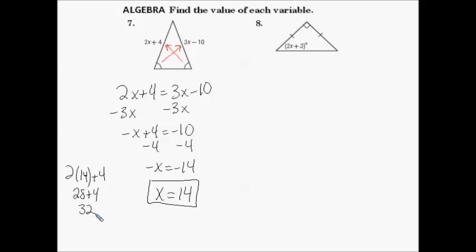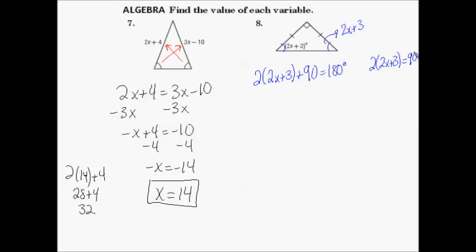Now, on this one, we're going to have to do a little bit more thinking. These sides are the same, which means that these angles are the same. Only one of them's labeled, but if this one's 2x plus 3, this one is also 2x plus 3. Okay? They're the same. This is 90. So you can either do 2 of these plus 90 equals 180, or you can say 2 of those equals 90.